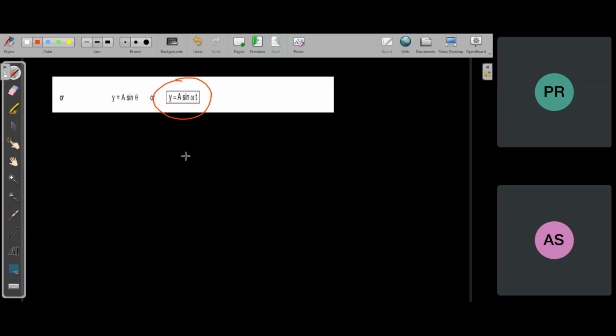Now you do one thing: differentiate this equation two times, d2y by dt square, with respect to time. And you will see that ultimately you get minus omega square y. You can do it. Differentiate it two times and you get this equation.